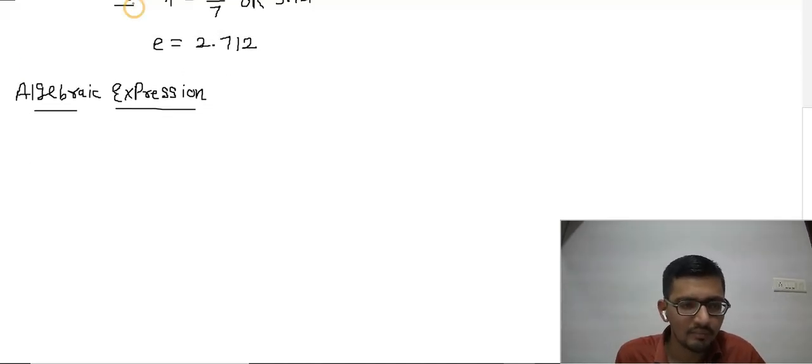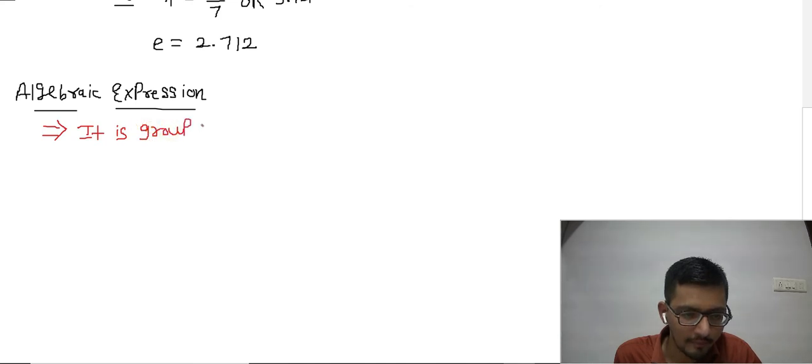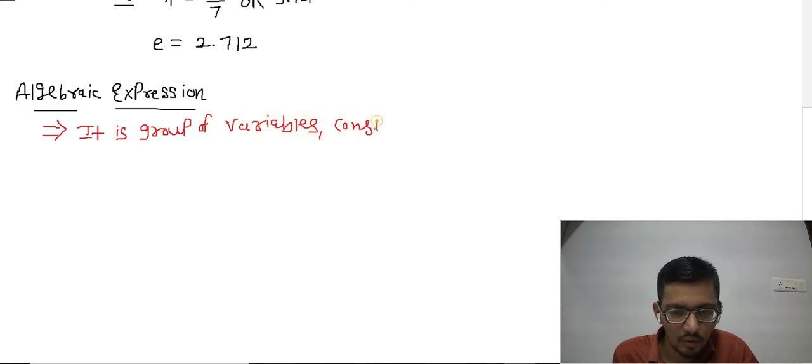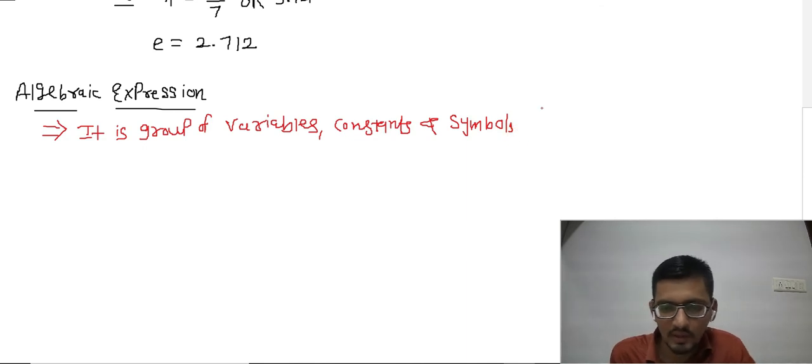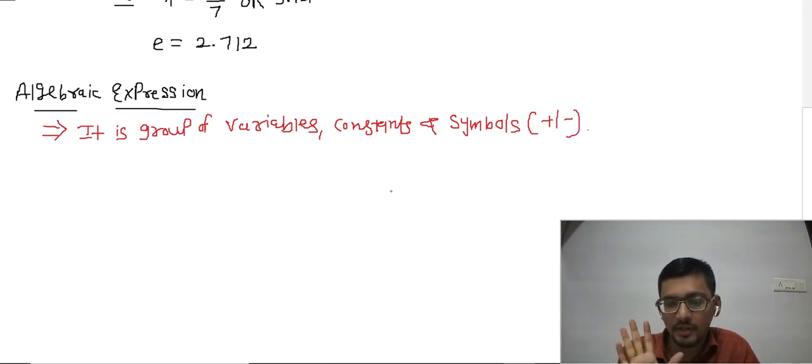So algebraic expression, it is a group of variables, constants and symbols. Symbols like plus or minus. Plus or minus means here no restriction. They didn't tell any restriction.